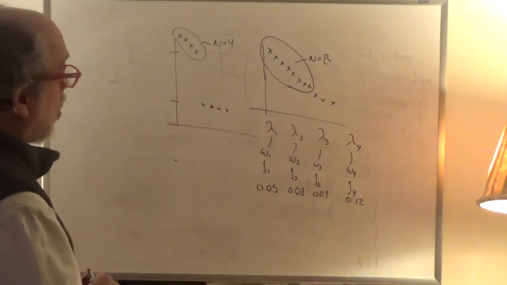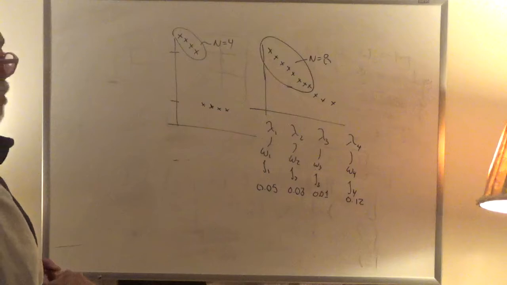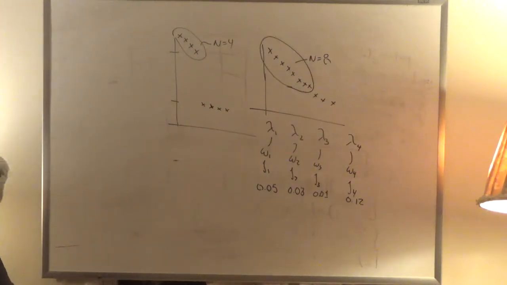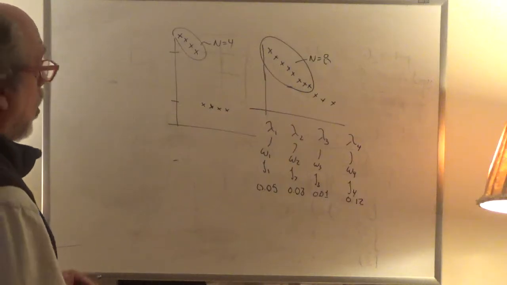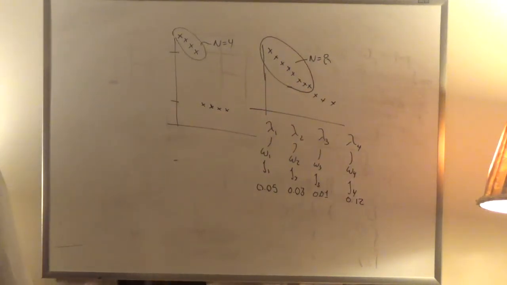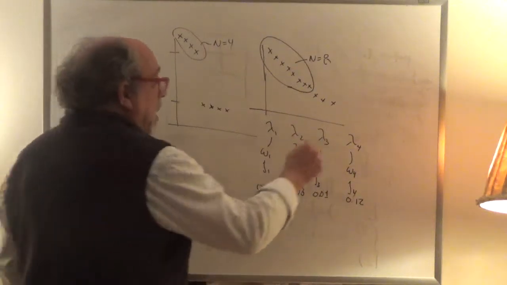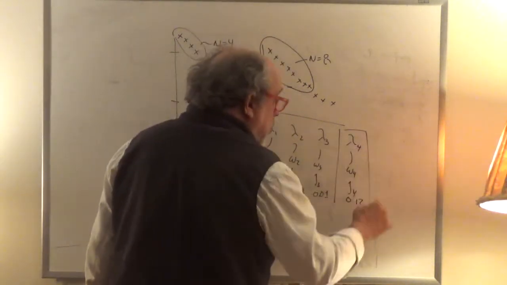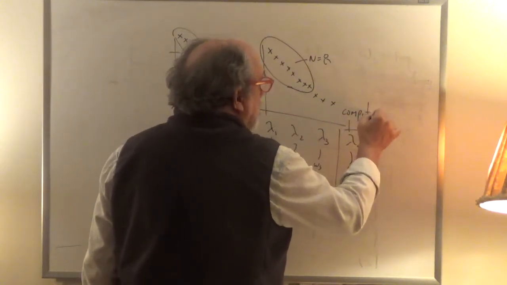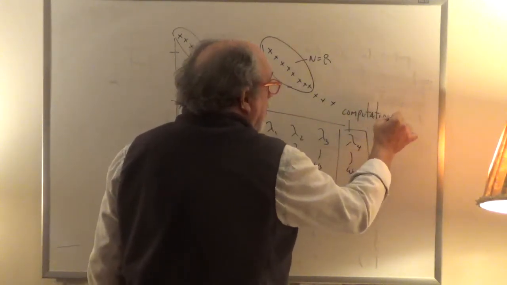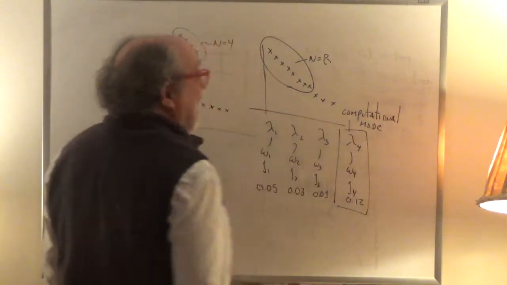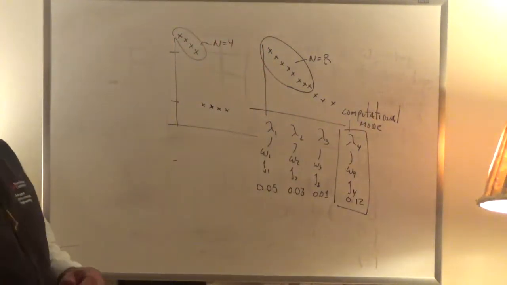Well, if that were the case, most identification experts, or people that know about this, would say that the fourth mode is probably not a good mode. We would consider this to be a computational mode, meaning it is an artifact of the noise.